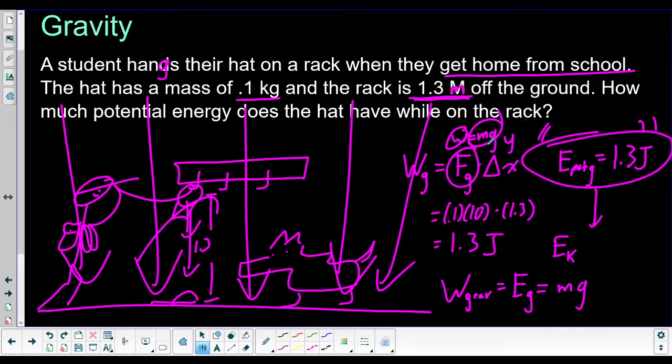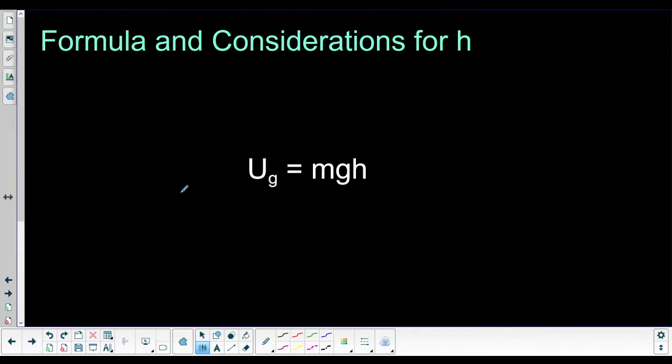This change in position, instead of calling it delta x, some people like to just call this h. How high up is the thing before it falls? This is our general equation for the potential energy due to gravity. On some equation sheets, some textbooks, some classes, they like to use a capital U for potential energy.